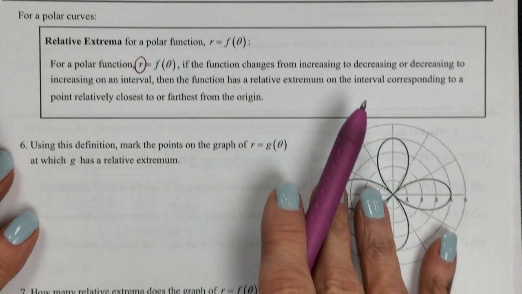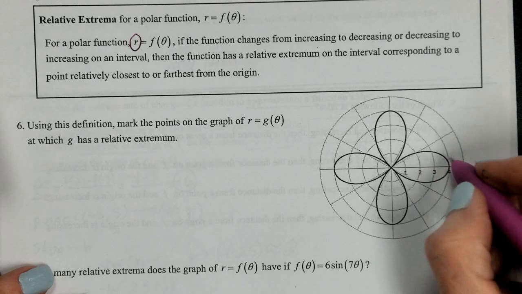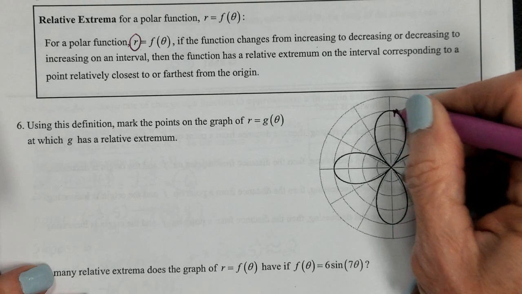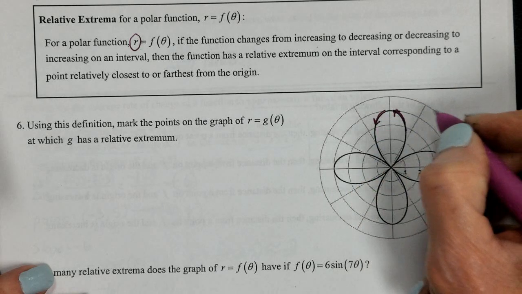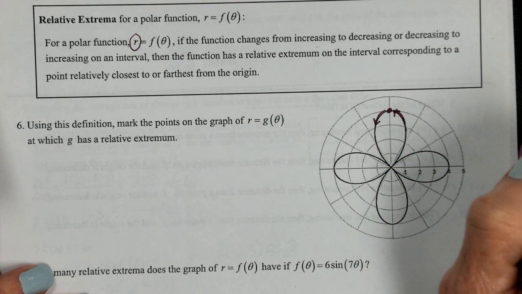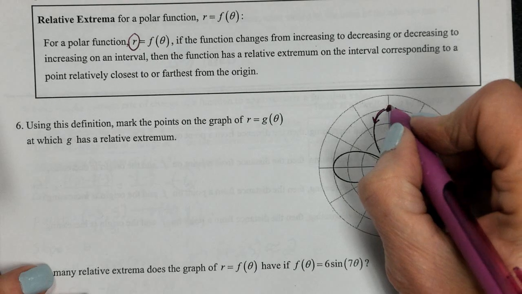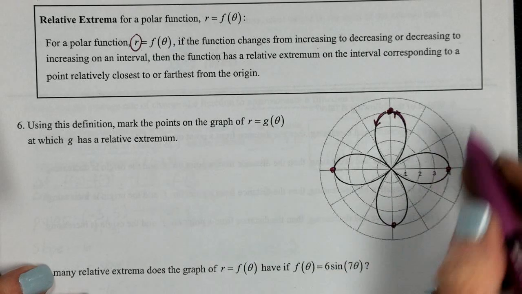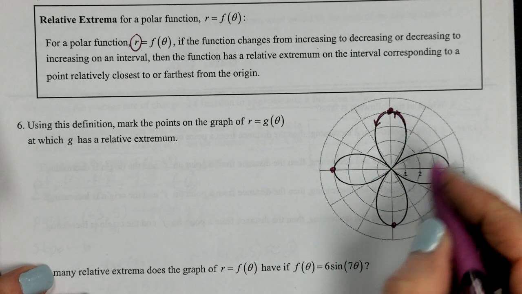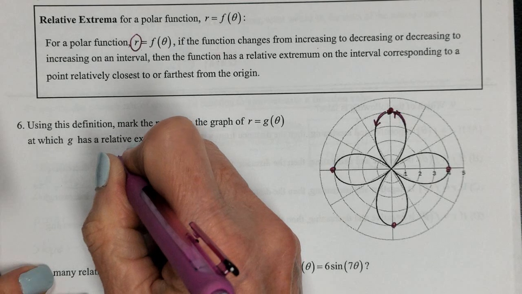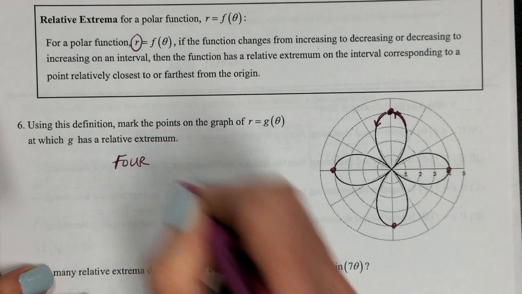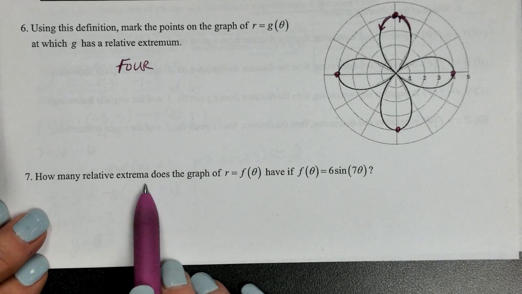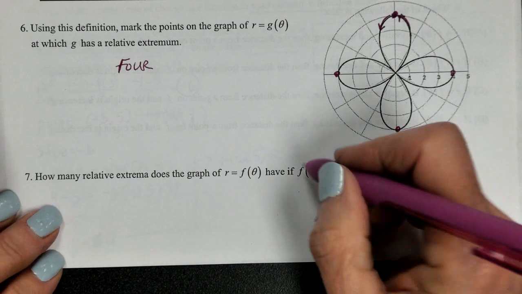So on a rose, the relative extrema will be at the tips of the petals. So those would be the relative extrema for that polar function. There are 4 of them, the tips of all the petals. So how many relative extrema does this function have?